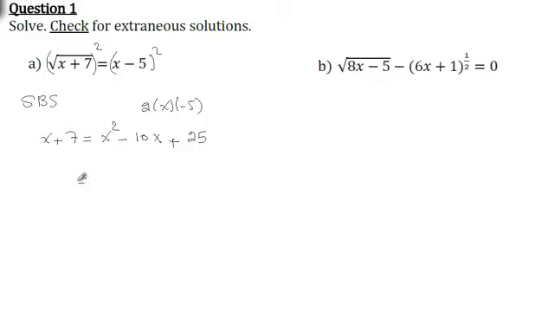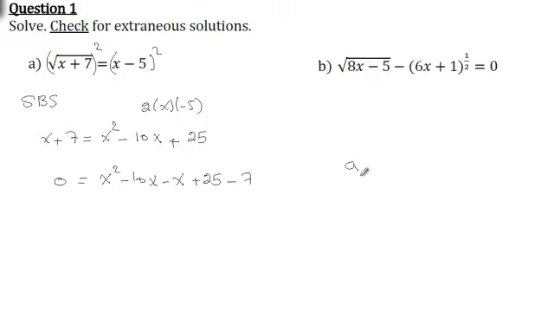Bring everything to one side equal to 0, and then solve it. So here we have 0 equals x squared minus 10x. Here we have x, take it to the other side, it becomes minus x, plus 25. Here we have plus 7, take it to the other side, it becomes minus 7. Now simplify. You can write everything first and 0 on the other side. Why?